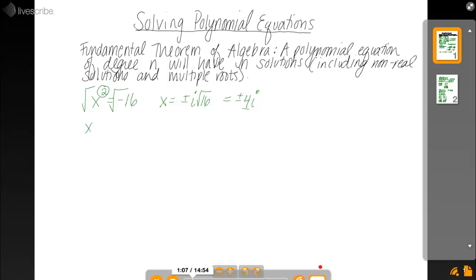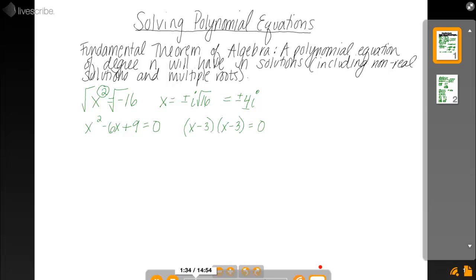How about this equation? x squared minus 6x plus 9 equals 0. We could solve this quadratic by factoring. Two numbers that multiply to 9 and add to negative 6 would be negative 3 and negative 3. So this is really the quantity (x minus 3) squared equals 0.